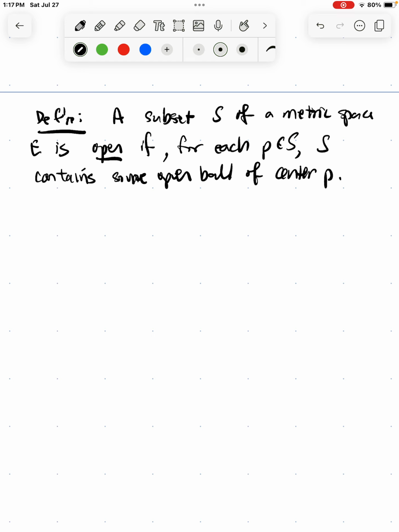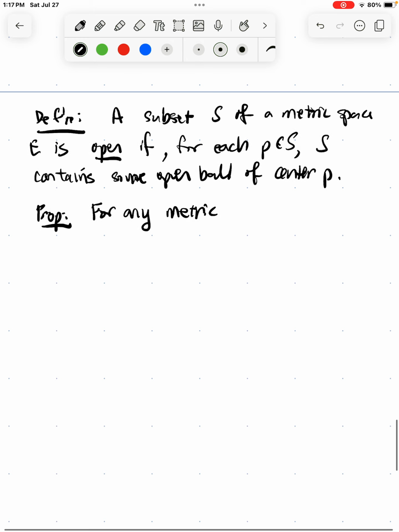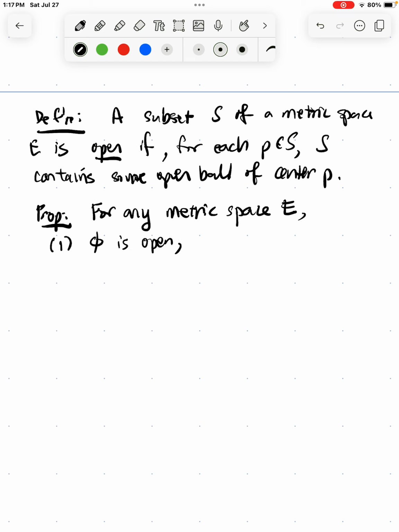This proposition says, for any metric space E, first of all, the empty set is open. The subset E is open.